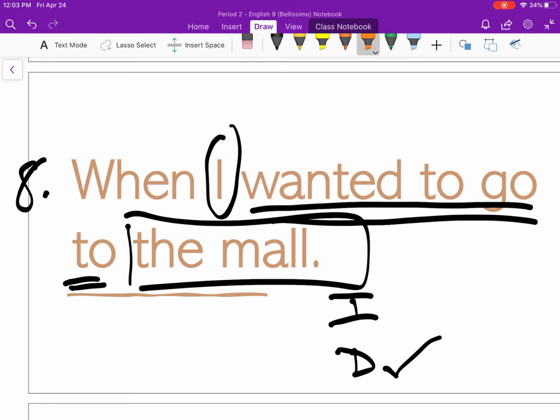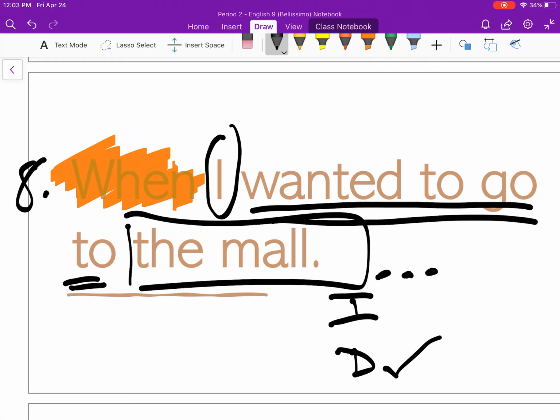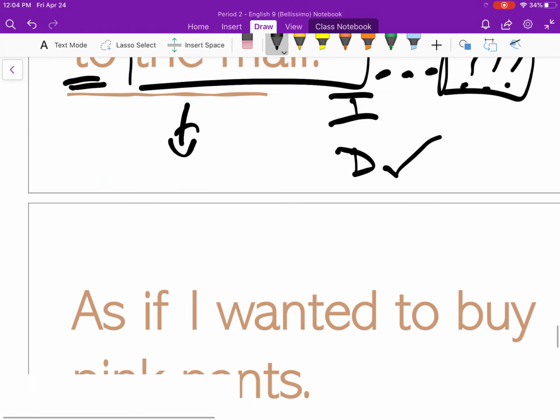Their subordinating conjunction being when. Okay? It's just leaving us still with questions. When I wanted to go to the mall, the dog showed up. When I wanted to go to the mall, the bus broke down. When I wanted to go to the mall, I went. Okay? We need some more information to make it a full sentence. Okay, 2 more.